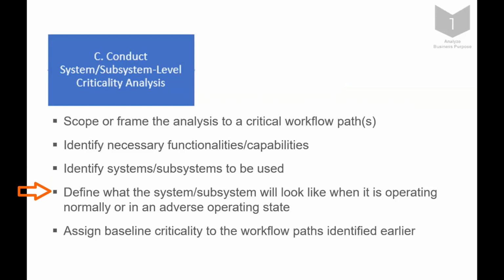We can then define what the system or subsystem will look like when it is operating normally or when it's operating in an adverse operating state. We can then assign baseline criticality to the workflow paths identified earlier based now on the system and subsystem level.